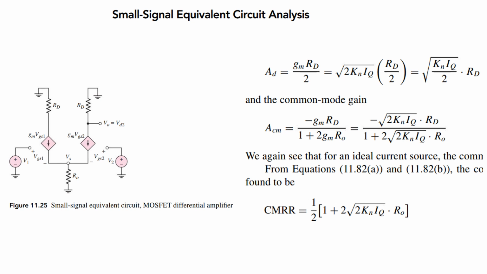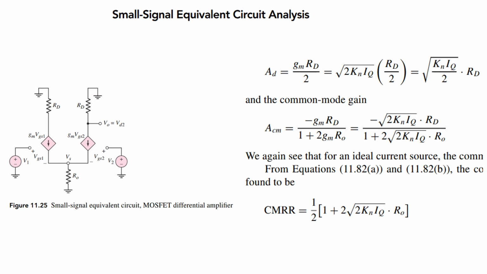Now a small signal equivalent circuit for the MOSFET differential amplifier is here, and how will you replace it? Simply replace your MOSFET with the gm into VGS current source, and the gate will be open because of the very high resistance between the gate and the channel.